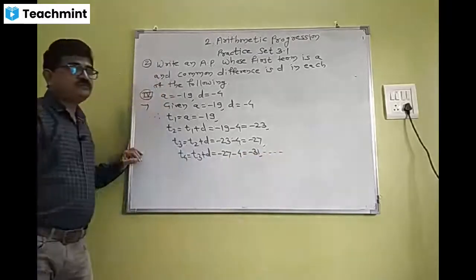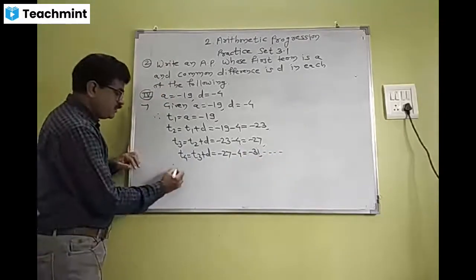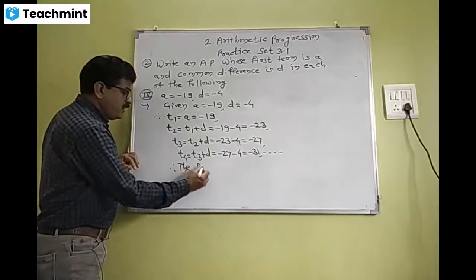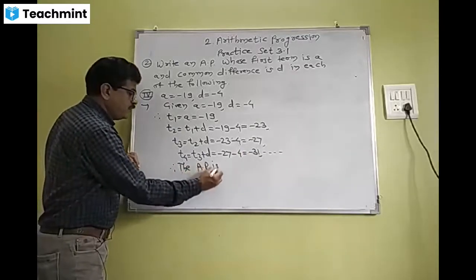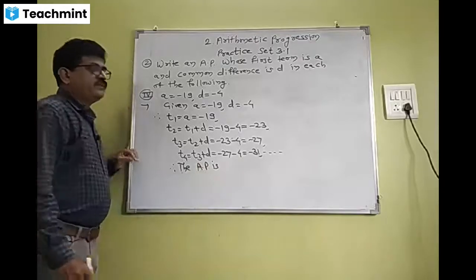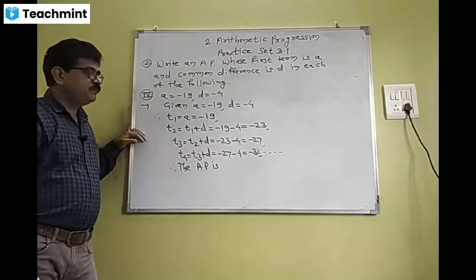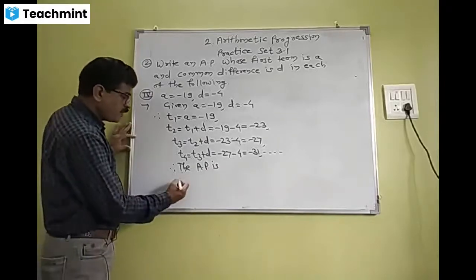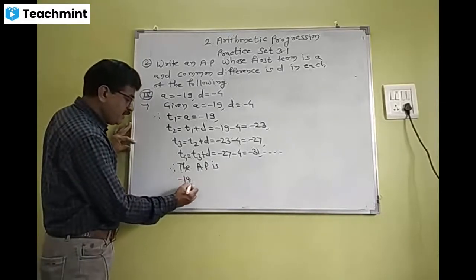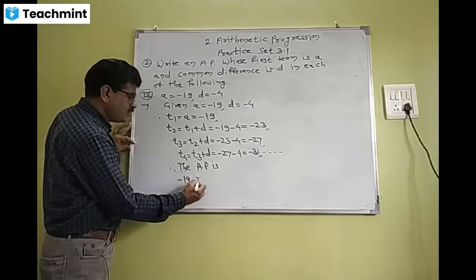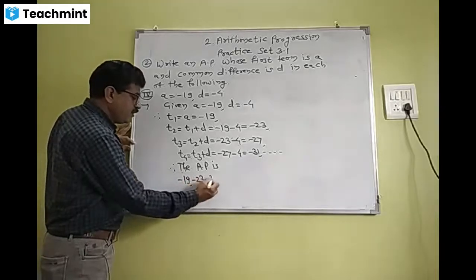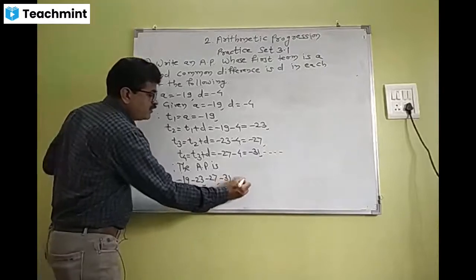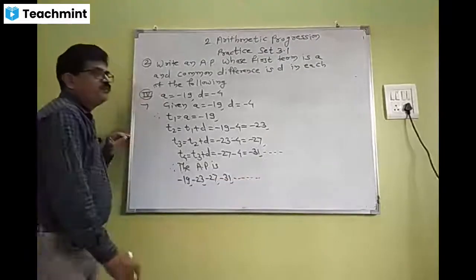Therefore, the AP is, सांगा काय येईल AP? Minus 19, minus 23, minus 27, minus 31, and so on. This is the answer.